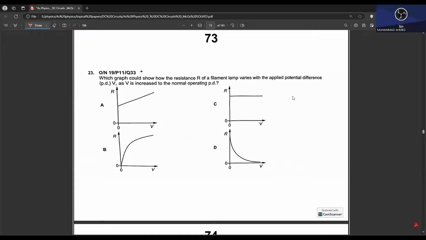Which graph shows how the resistance of a filament lamp varies with the applied potential difference V as V is increased to the normal operating potential difference? One thing that you must remember is that as the voltage increases in a filament lamp, the temperature increases.